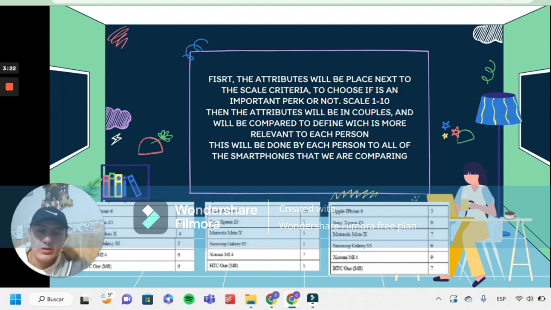And then we are going to put these criteria in couples to be compared and define which is more relevant to each person. Also, each person has to tell us, from all of the smartphones, what they prefer.